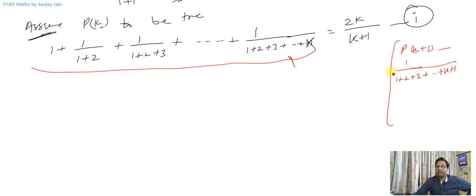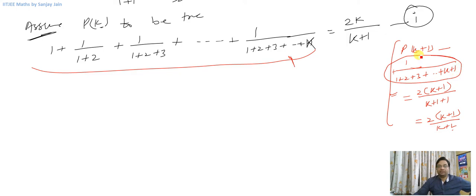And after adding this on the left hand side, on the right hand side I want 2 into k plus 1 in the numerator, and in the denominator I want k plus 1 plus 1. So I am looking for 2 into k plus 1 divided by k plus 2. I hope you know what I am doing here. So to do that, what I can do is I can add this term on both sides.